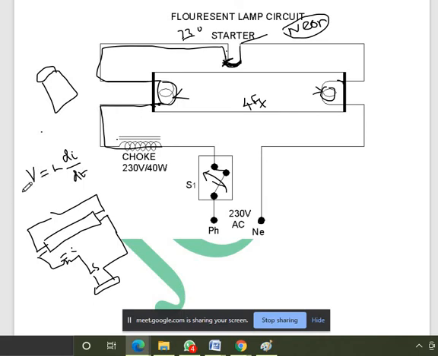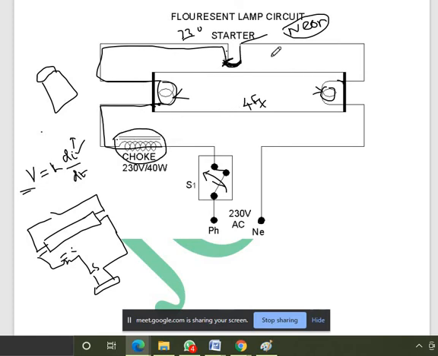Here the voltage depends upon the inductance, which depends on the number of turns wound in the coil. The circuit is closed, so the current is flowing through the choke, and with respect to time, based on the current, the voltage will either increase or decrease.